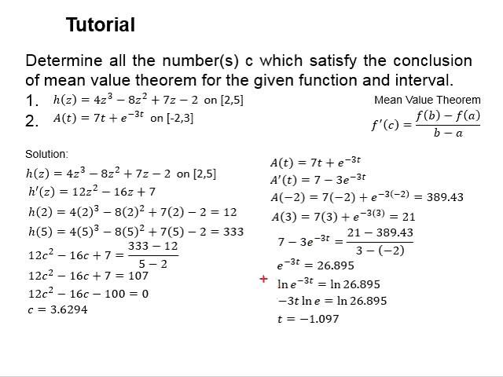This is done by taking the ln of the entire expression. Based on the principle of logs, you can bring this forward to the front of the function. ln e will give you 1. Solve the function, and you will get t equals -1.097. Check with the range, and this number falls in between the range of -2 to 3. And this will be the solution for this example.